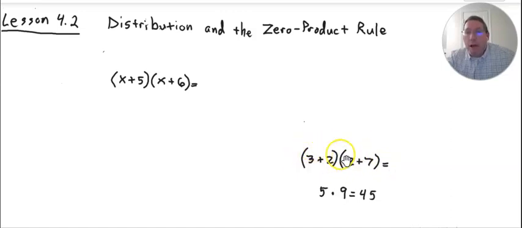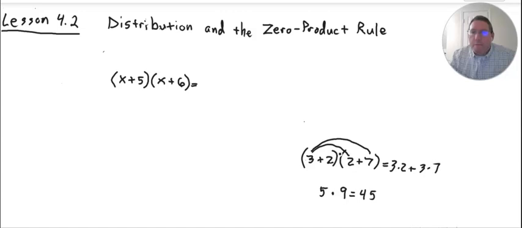So we're going to do 3 times 2. Now we're going to do 3 times 7. Okay, so addition. Why addition? Well, because the 3 is positive and the 7 has a plus in front of it. So that's addition, 3 times 7.